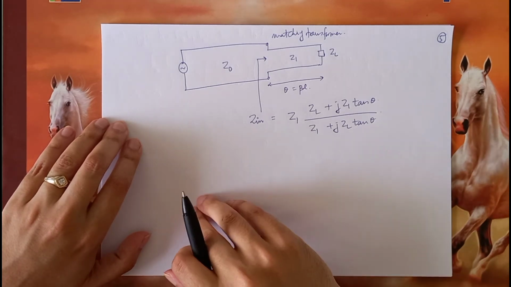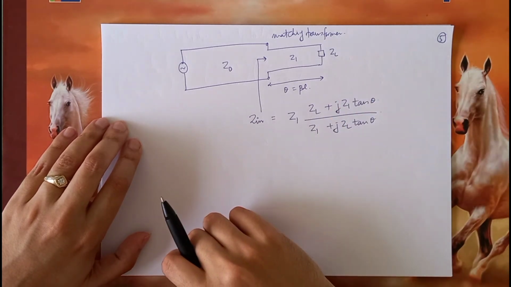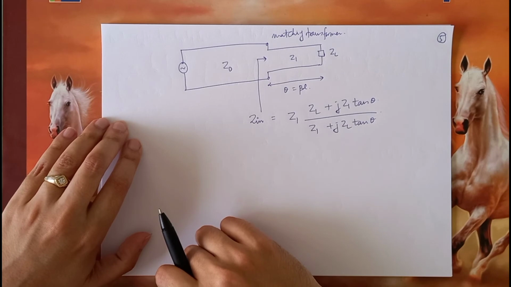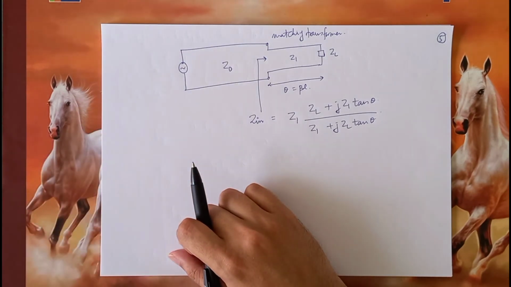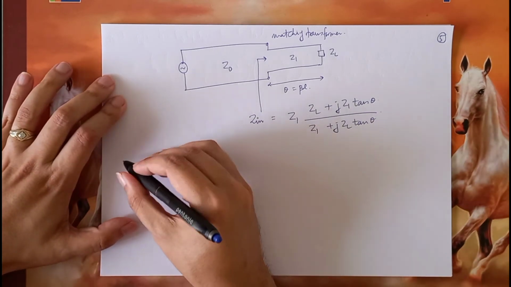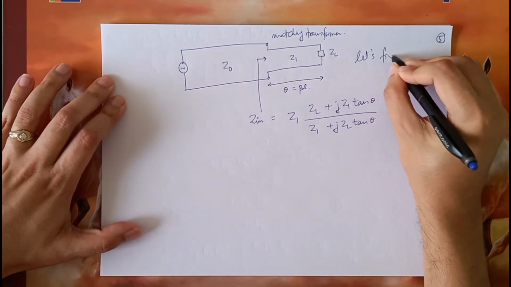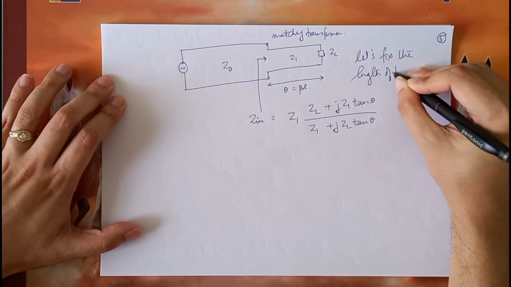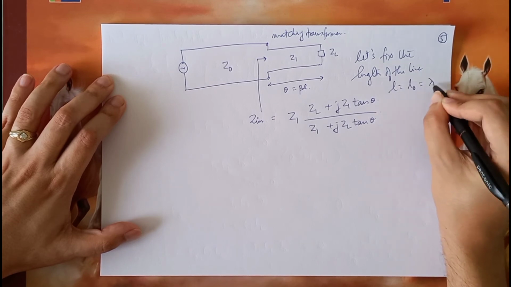What we are doing is we have to see how this behaves as a function of frequency. So therefore, let's fix the length of the line. Say L equals some L0, which is lambda 0 by 4.